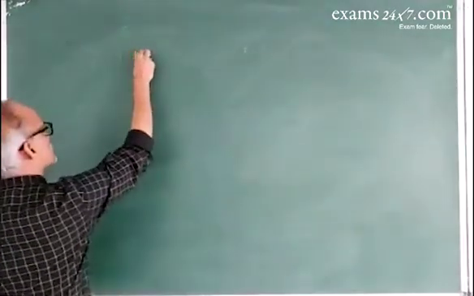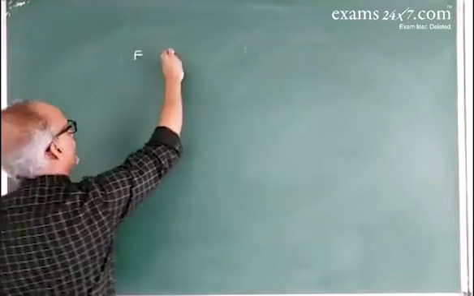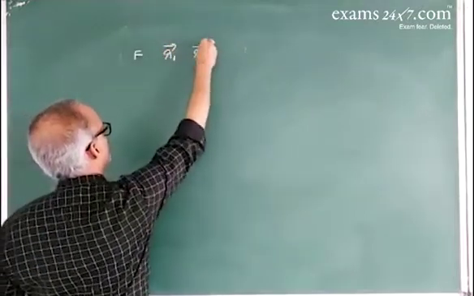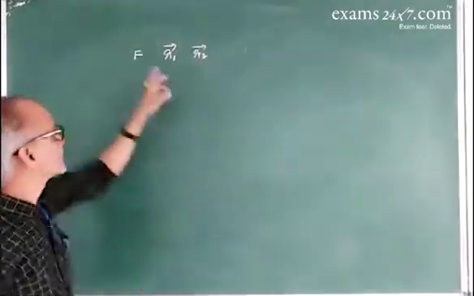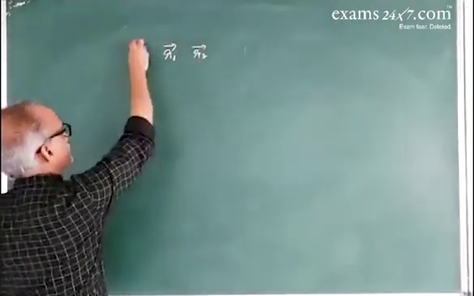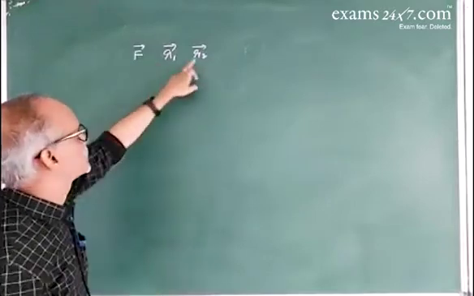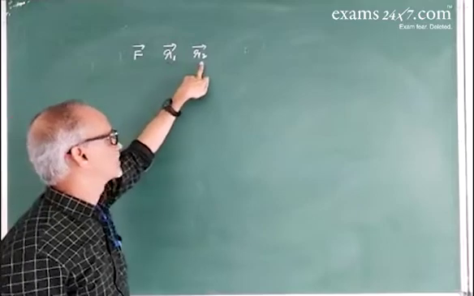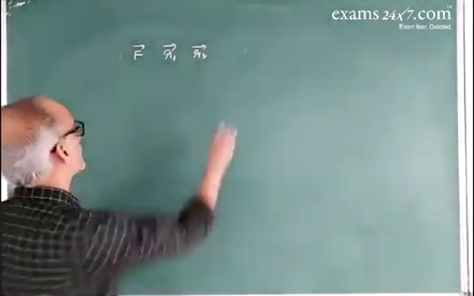If the force is constant and if position vectors are given, R1 and R2 are the position vectors. For a constant force F, if R1 and R2 are the position vectors, this is the initial position, this is the final position. Then how do we find the net work?